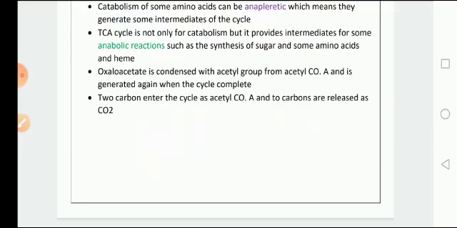As I said before, acetyl-CoA is made of 2 carbon atoms. So we have here 2 carbon atoms which enter the cycle as acetyl-CoA, and they are going to leave our cycle as CO2, which is a waste product.